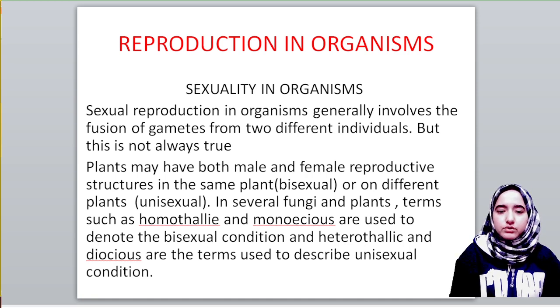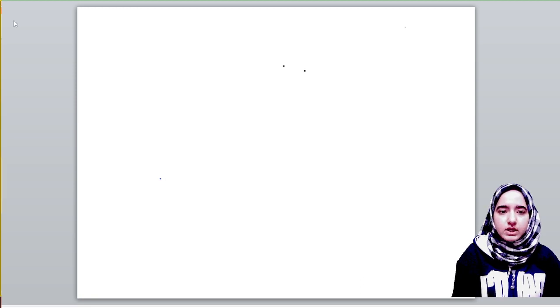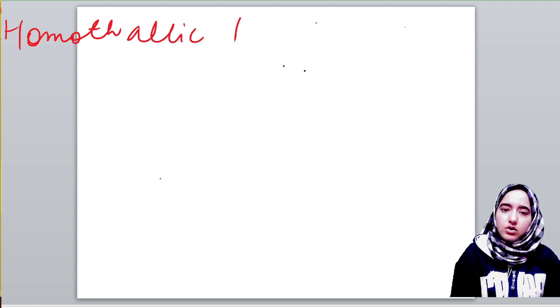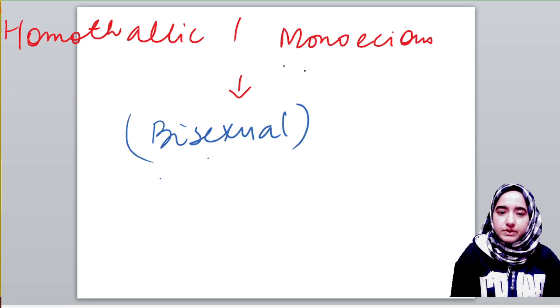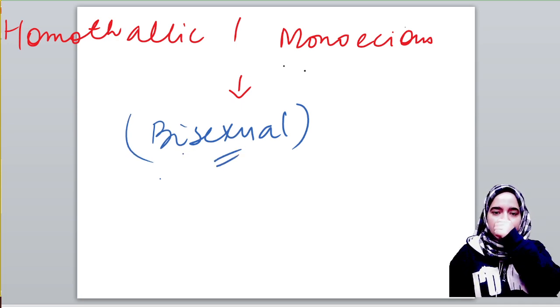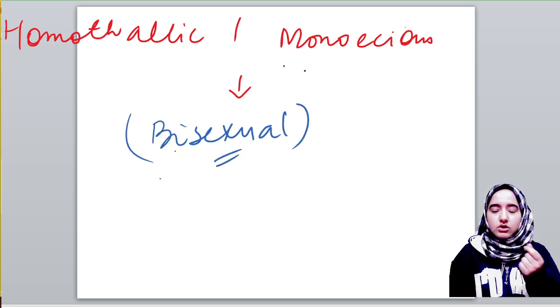Talking about fungi, we use the terms homothallic and monoecious to determine the bisexual condition. It means when we say fungi are homothallic or monoecious, we are saying that these fungi have both male and female reproductive structures in the same organism.